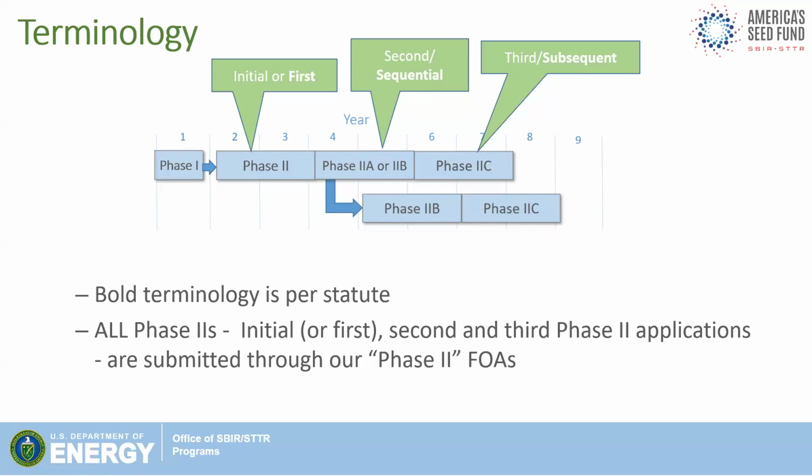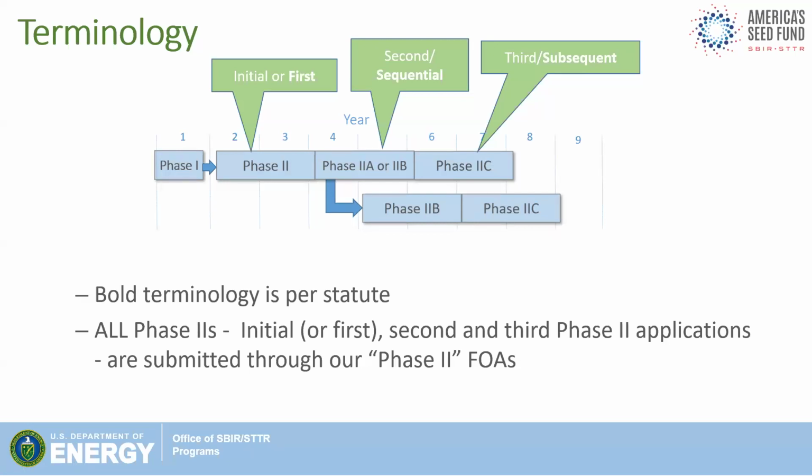That is the second, or in the legislative terminology, sequential Phase 2 award. You can get a Phase 2A or 2B award immediately after your Phase 2, so there's no funding gap. But you can also apply a year later for the Phase 2B, and we'll explain why that gap is there and the difference between 2A and 2B later in the presentation.